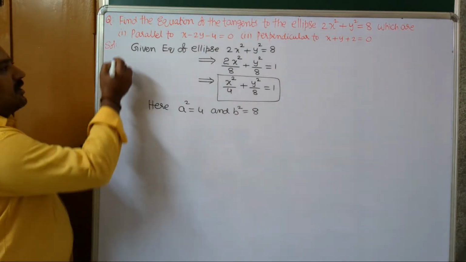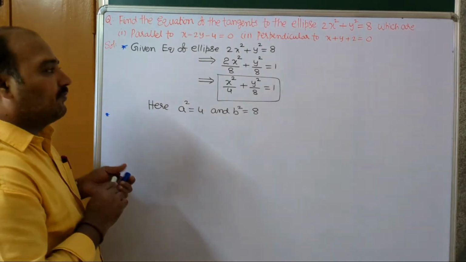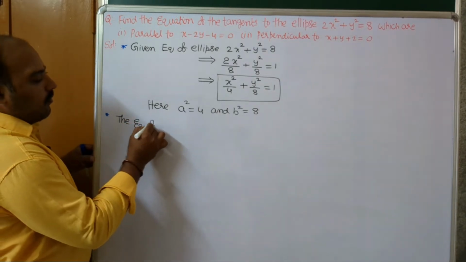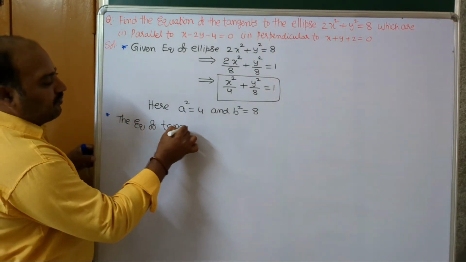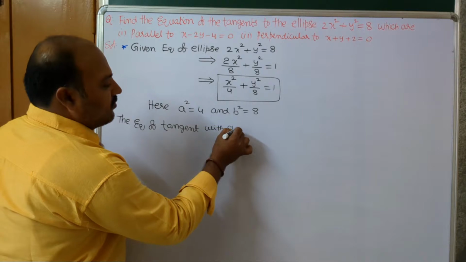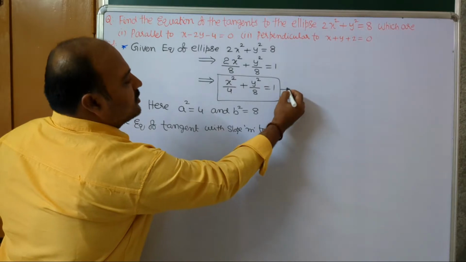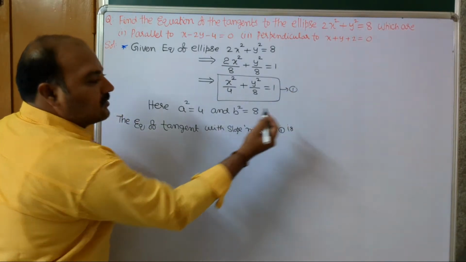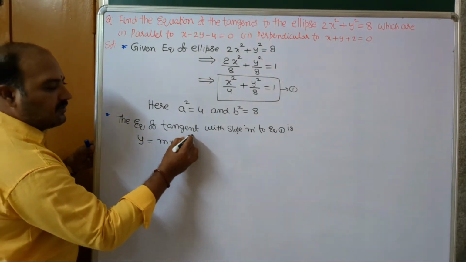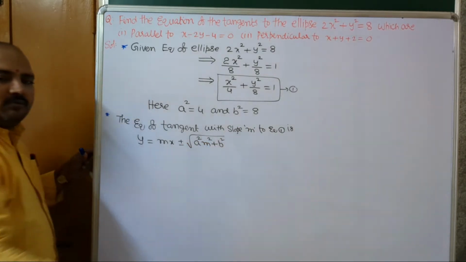So first I am taking the equation of tangent with slope m, equation 1: y equal to mx plus or minus root over a square m square plus b square.